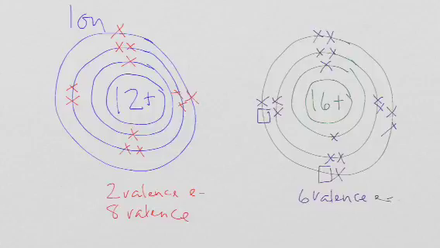Okay? So is it easier to get to my 8 valence electrons, or is it easier to give up its 6? So what ends up happening here is we end up having these two guys. This guy's going to move all the way over here, and this guy is going to move over here.